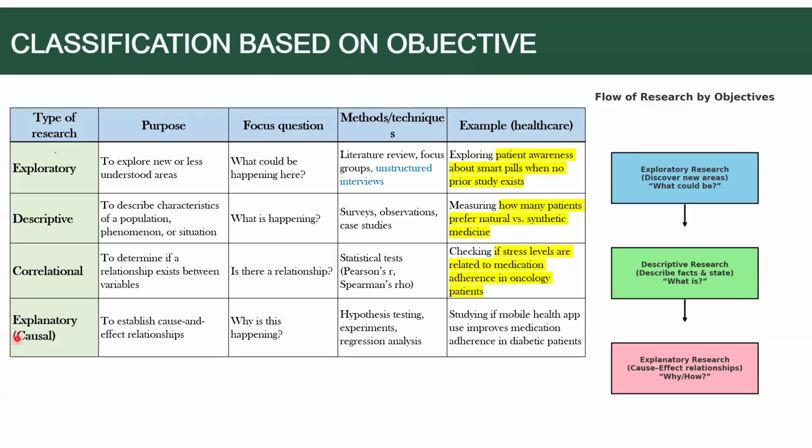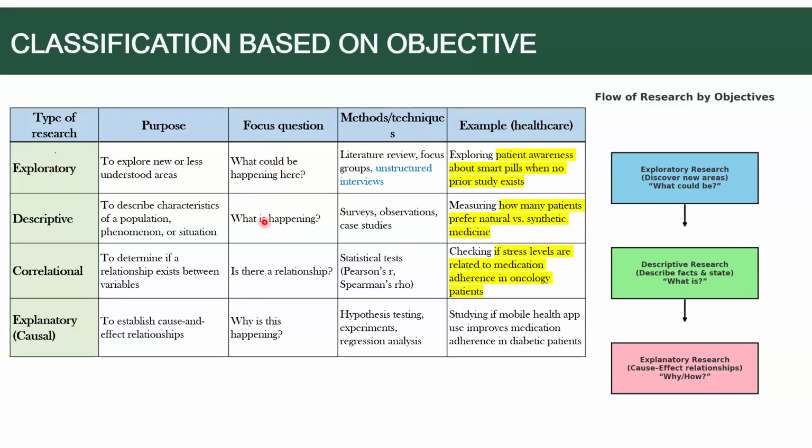Basically, explanatory means why. So the focus question in exploratory is what could be happening here. You don't know anything previously about it. So when you don't know anything previously, there comes exploratory.